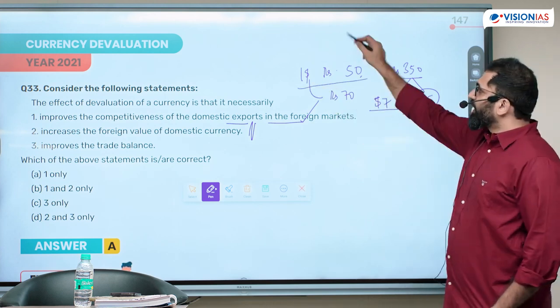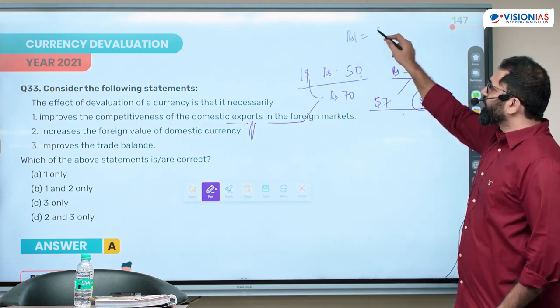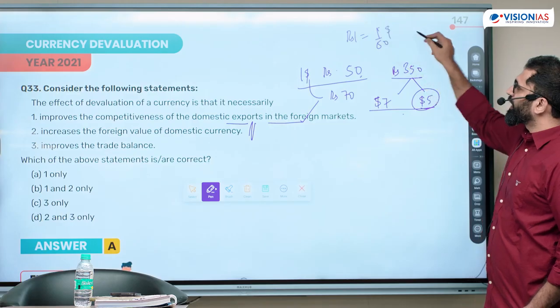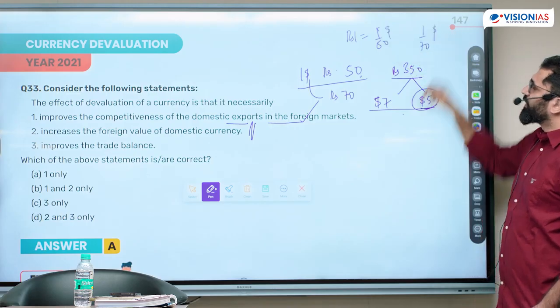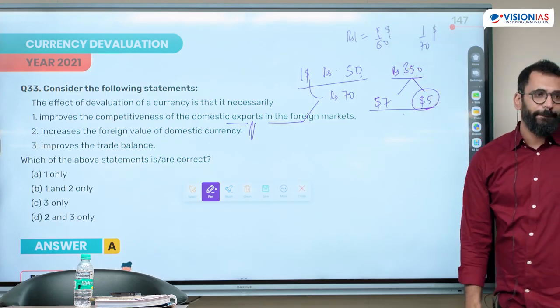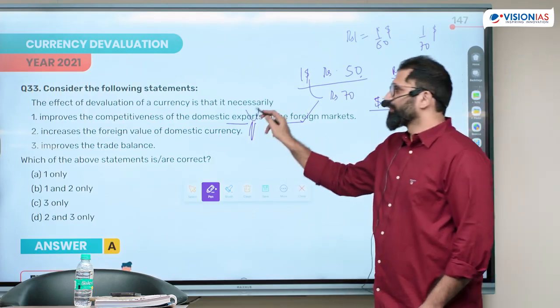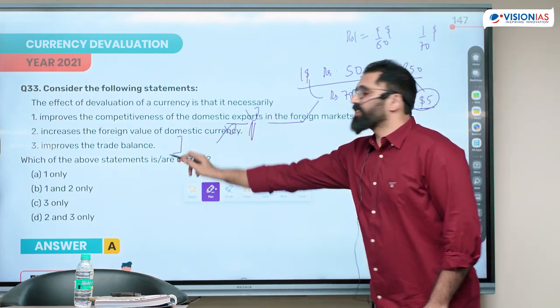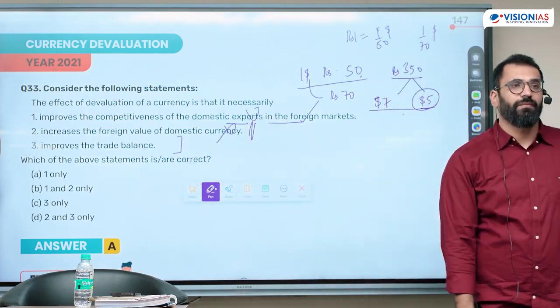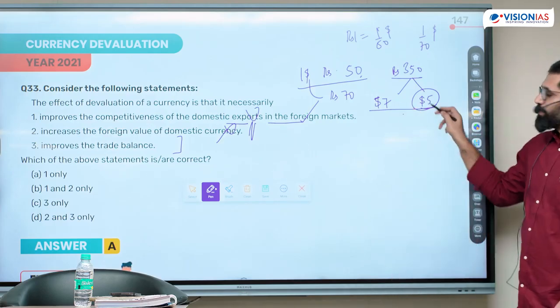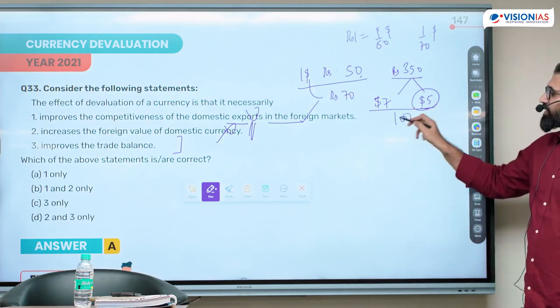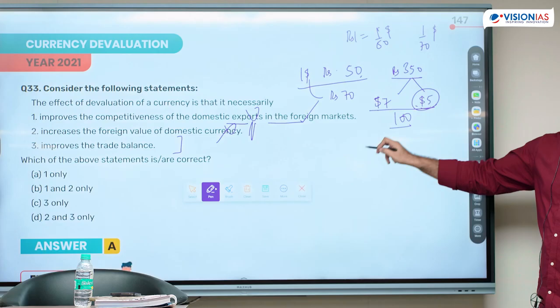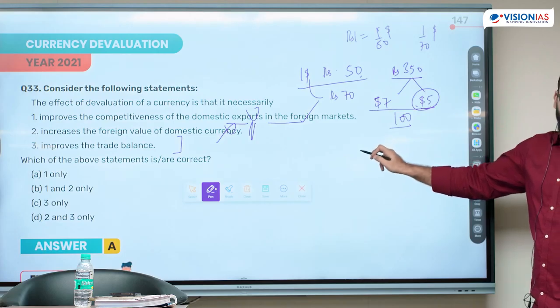First case, what is the foreign value of domestic currency? Rupee 1 is equal to 1 by $50. In the second case, did the value increase or decrease? Decrease? This is incorrect. Improves trade balance. This means if I'm selling 100 shirts, what will the price I'm getting in the first case? $700.